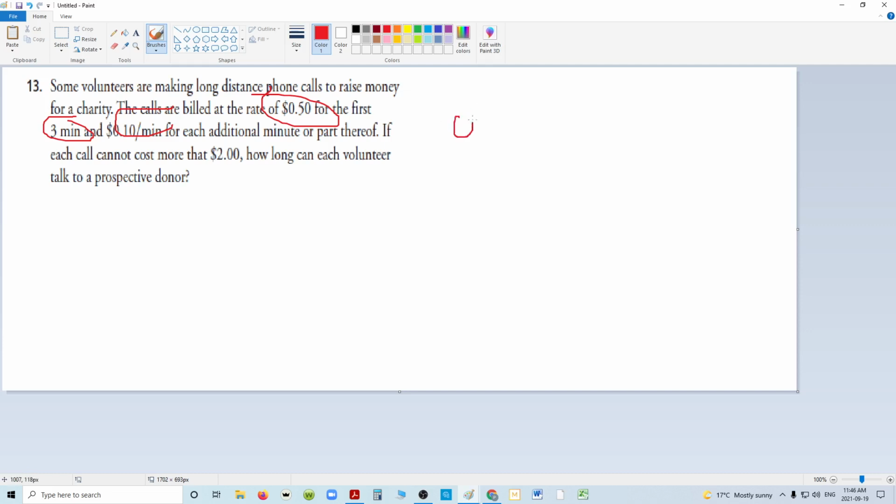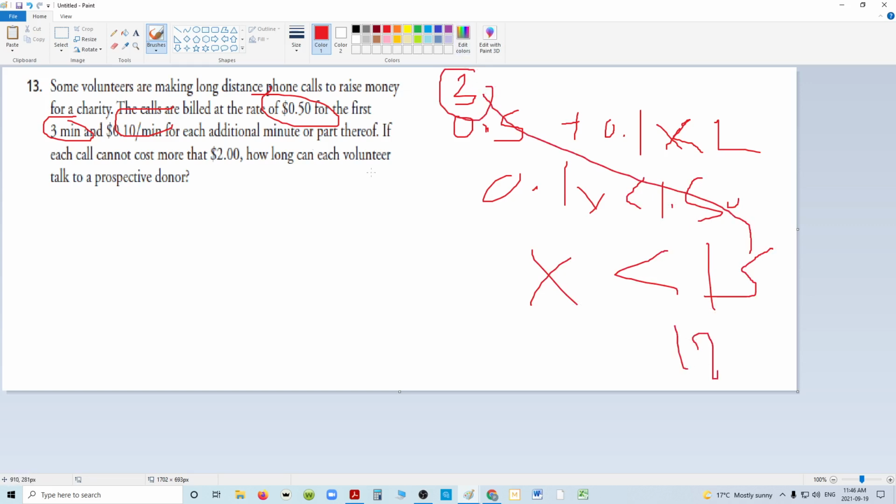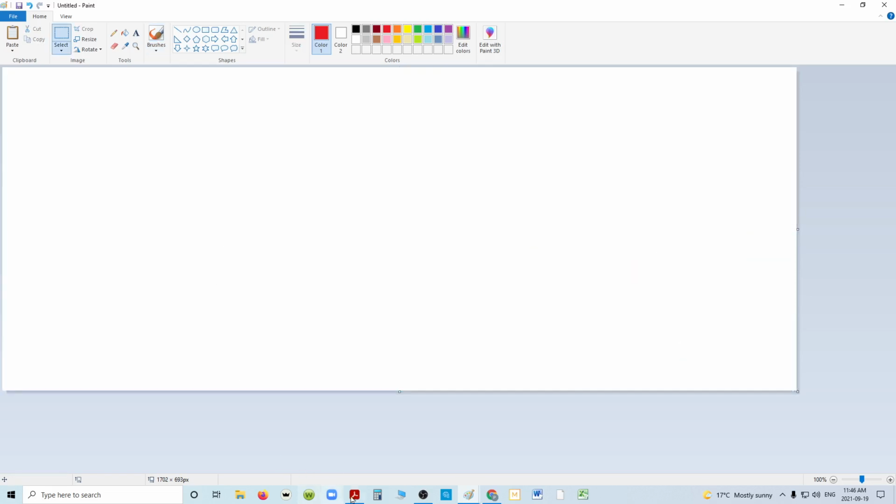So they're actually saying 50 cents for the first 3 minutes, plus 0.1x, so that's a little bit weird how they phrased it. Must be smaller than $2, which means 0.1x must be smaller than $1.50, not 50 cents. And when I divide by 0.1, I get x must be smaller than 15, but I've already counted 3 minutes, so 18. So poorly phrased question, because for me that's a flat rate for 3 minutes. So I guess that's just my misread.